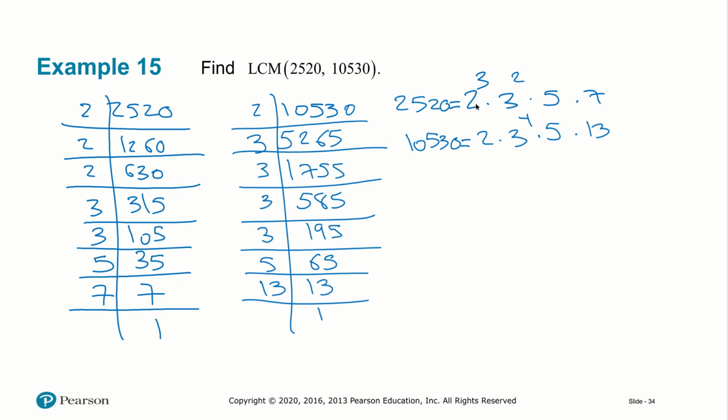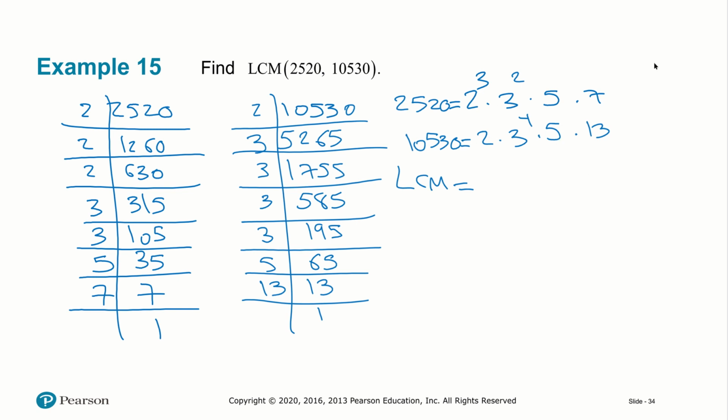You look for not just common factors, but all factors, and you multiply not the smallest power, but the highest power of all factors to get your LCM.